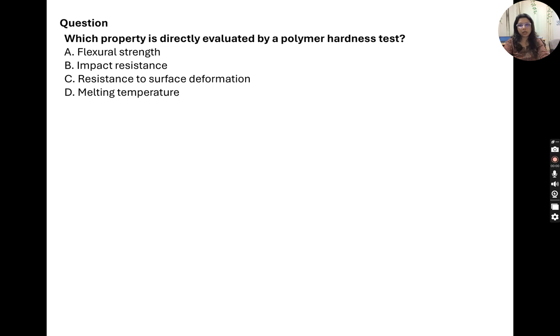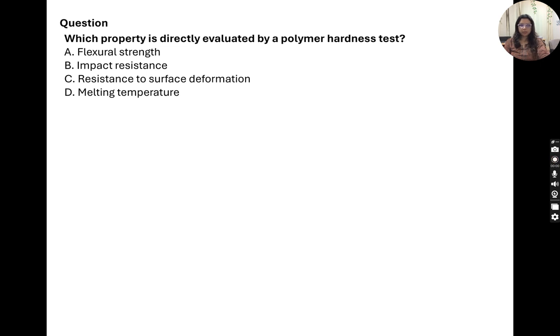They're asking what kind of property we can measure from the polymer hardness test: flexural strength, impact, resistance to surface deformation, or the melting temperature.